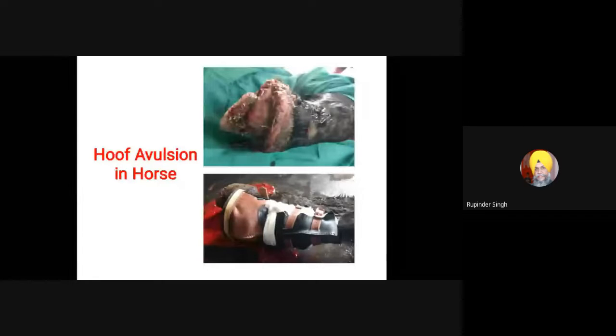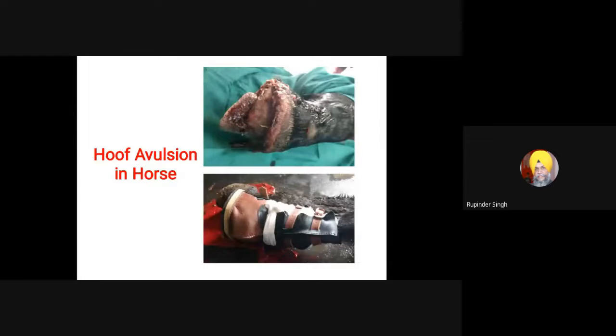It came out from the body and it is exposing the raw surface of the internal structures, including bone. There is bone in the hoof, like we have bone under the nail in our finger. Similarly, in a horse or any animal, under the hoof there is a bone. Because of the loss of the hoof, the bone is exposed.